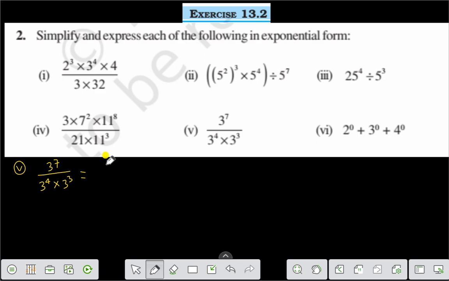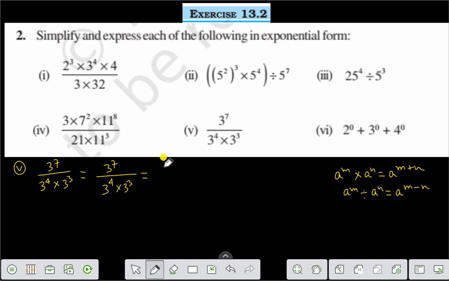And here you can write 3 to the power 7, and this one is 3 to the power 4 into 3 to the power 3. You will apply this formula: a to the power m into a to the power n is equal to a to the power m plus n, and a to the power m divided by a to the power n is equal to a to the power m minus n.